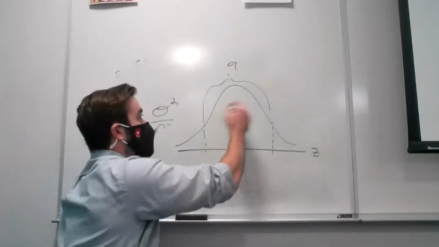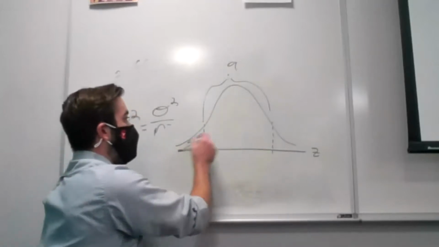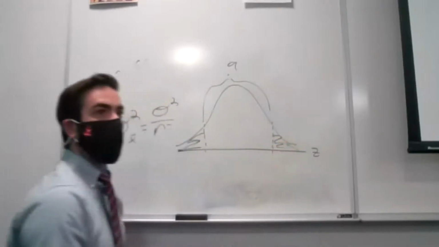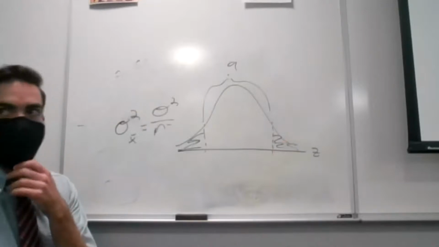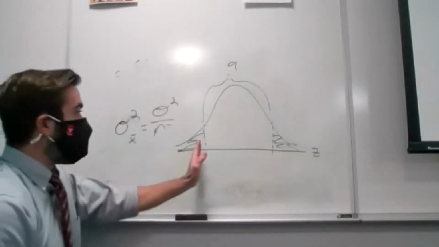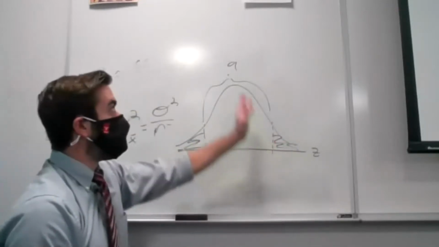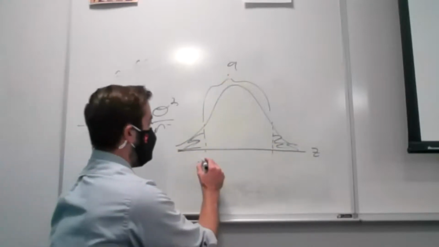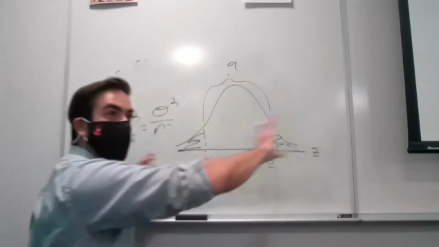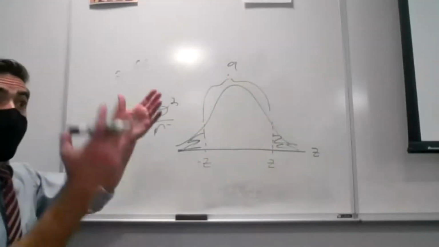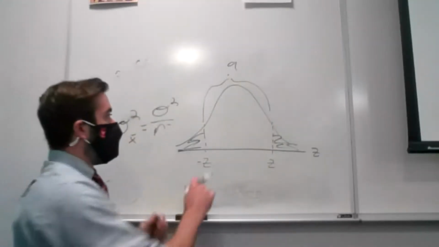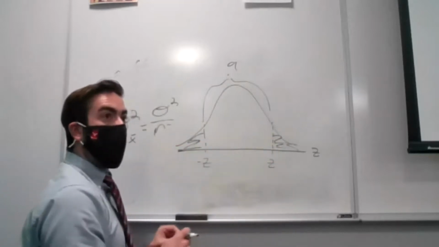Well, if there's 0.9 within that, what area has to be in my tails combined? What area has to be outside those values? 0.1, because the area under the curve is 1. So the total area has to be 0.1.